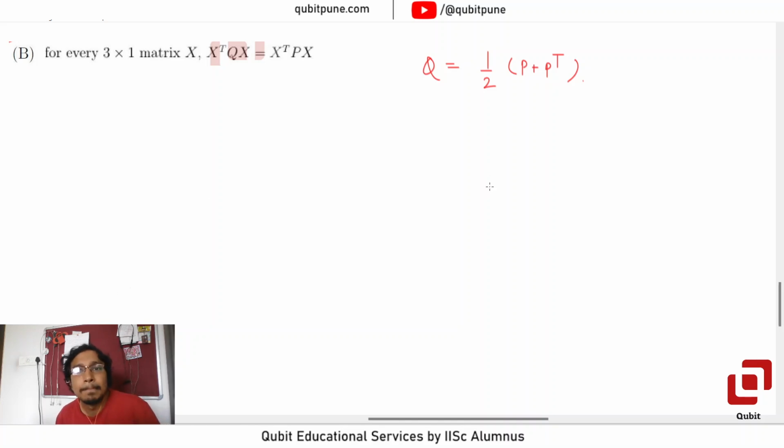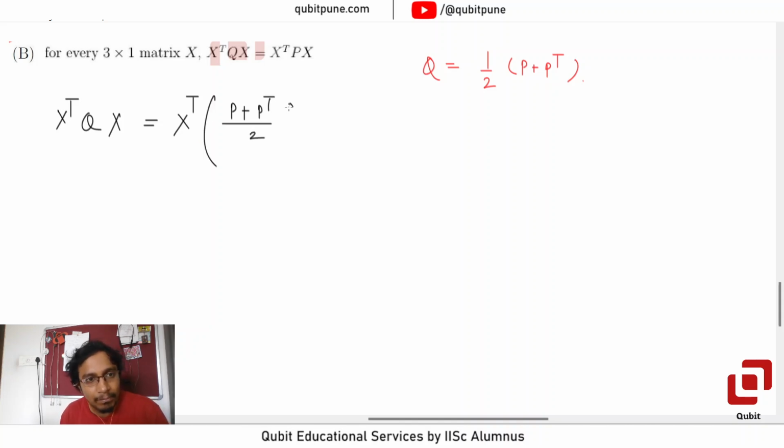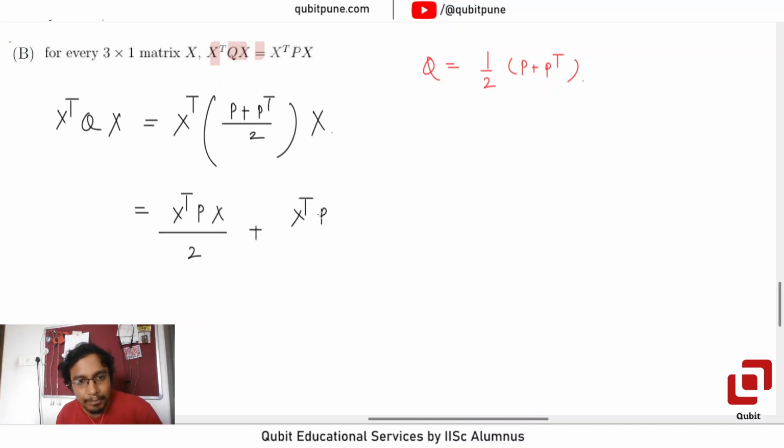What we can do is start with Q. Now we can say it's X transposed P X by 2 plus X transposed P transposed X by 2.